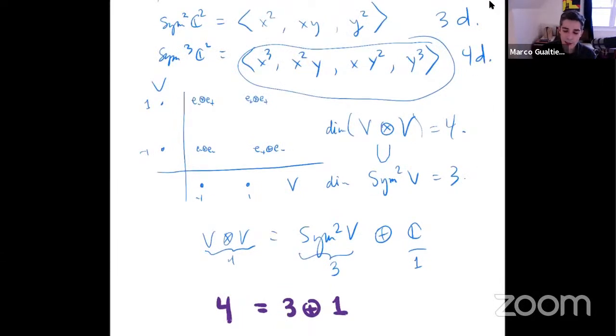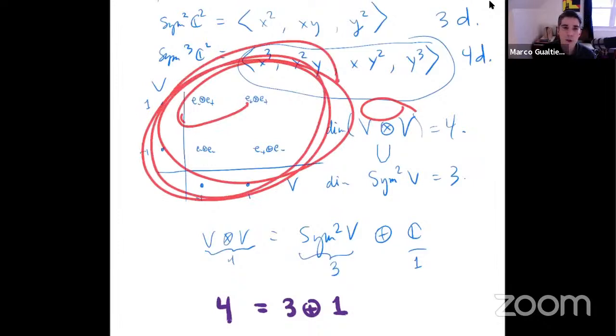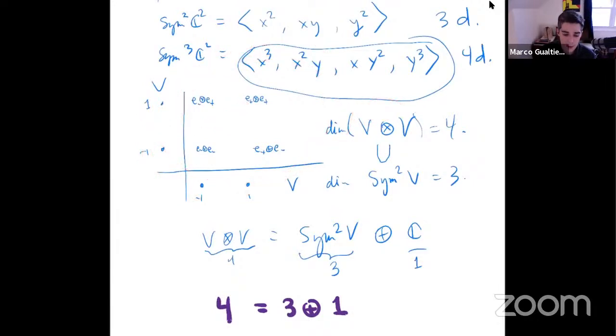But the question remains, what is this 1-dimensional one in here? You should think about that. Where inside this 4-dimensional space is there a 1-dimensional space that is an irreducible representation just by itself? And guess what? It's easy to find because it has to have weight 0 under this special circle action inside it. So what you're looking for is something of weight 0.